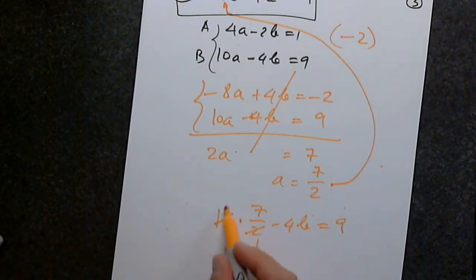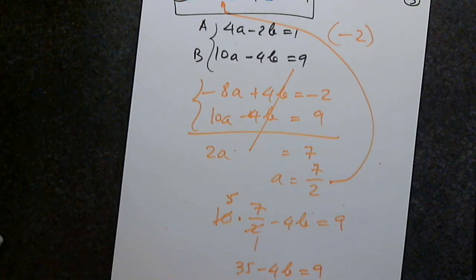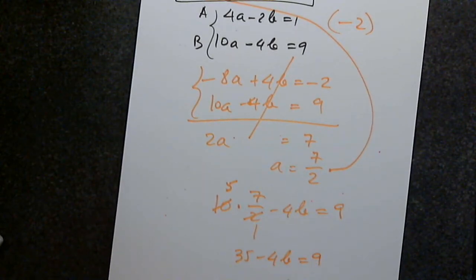Of course, I'll simplify. So I get 35 minus 4b equals 9, or negative 4b equals 9 minus 35, which is negative 26. So therefore, b equals 13 over 2.